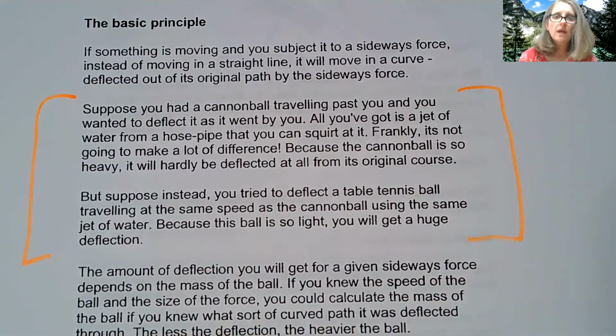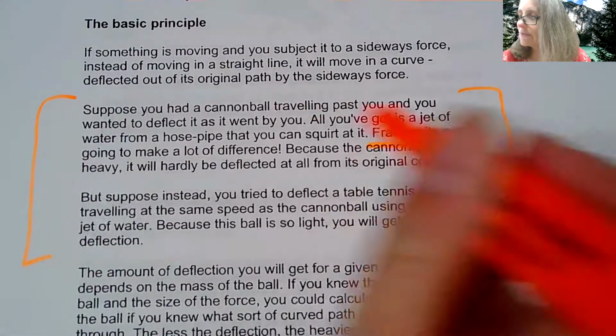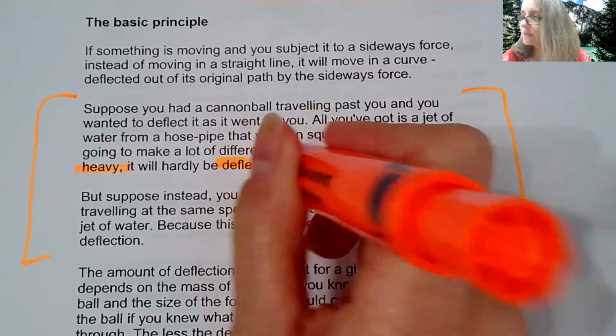So if I had, let's say, a cannonball or a bowling ball versus a tennis ball, and I rolled them down the hallway, and I had a fire hose that could shoot out from the classroom and hit the balls as they were traveling down the hallway. Well, of course, you would see that because the cannonball is so much heavier, it would not deflect much.